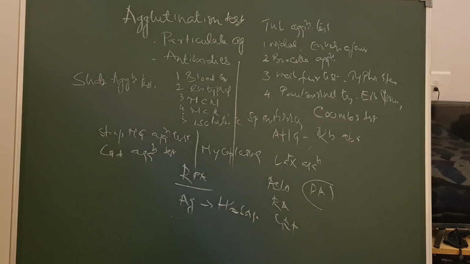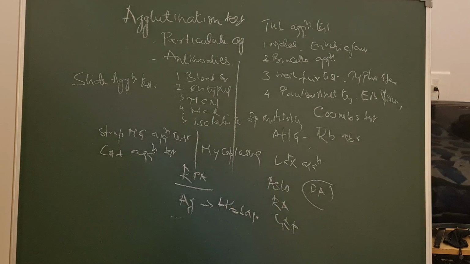Indirect Coombs test uses washed O group RBCs, mother serum, and anti-human globulin. Direct Coombs test uses cord blood cells, add Coombs serum, then agglutination. Latex agglutination test: precipitation is converted into agglutination. ASLO, RA, CRP, and detection of hepatitis B surface antigen by reverse passive agglutination.